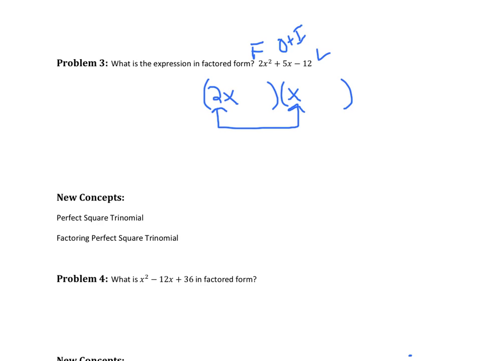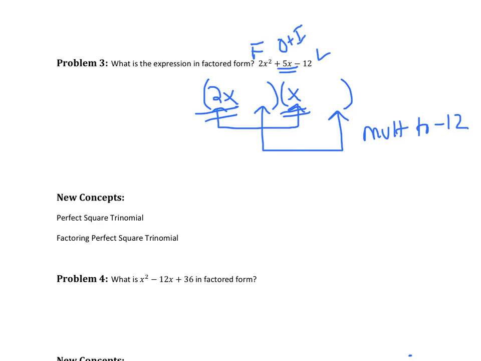Now I have to think of numbers that I can put in here, my last spot, that multiply to negative 12, but that when paired with the 2x and the x, when I do outside and inside, add to 5. You guys, it's really a matter of guess and check and playing with your numbers. And sometimes you get lucky and you get it the first time or the first couple times.